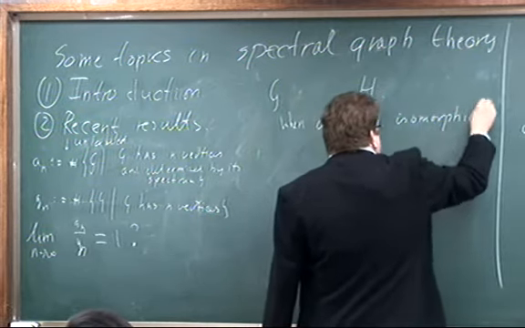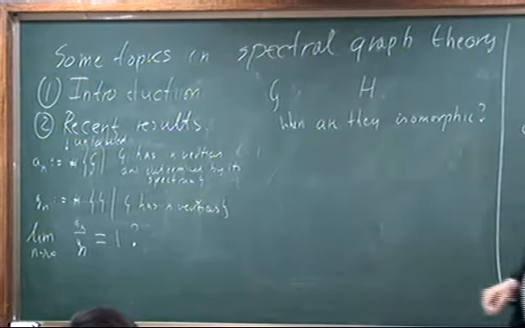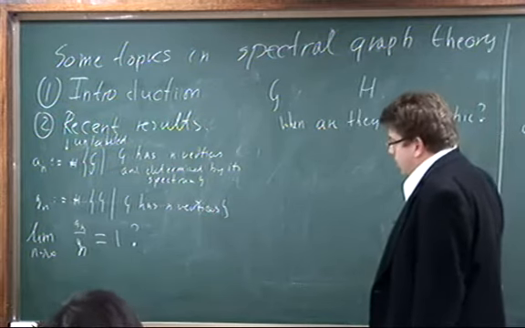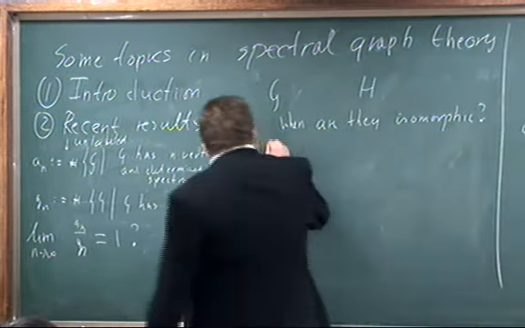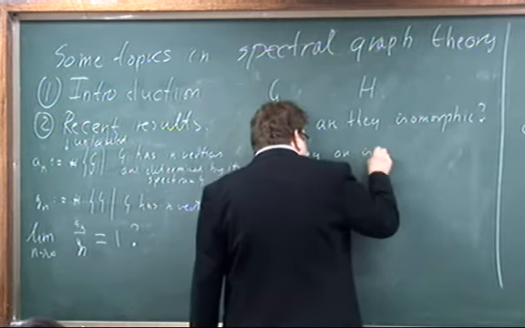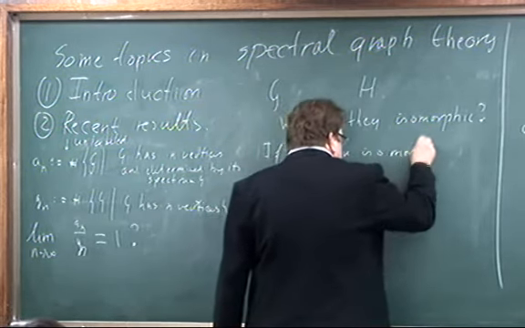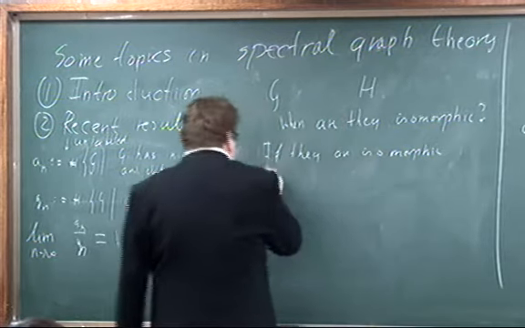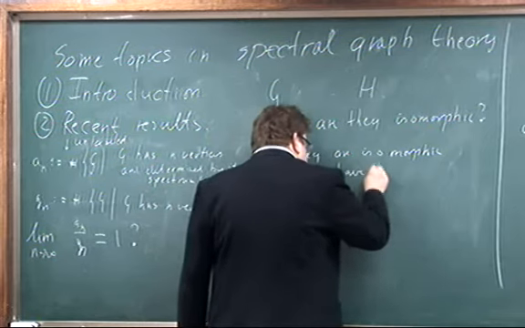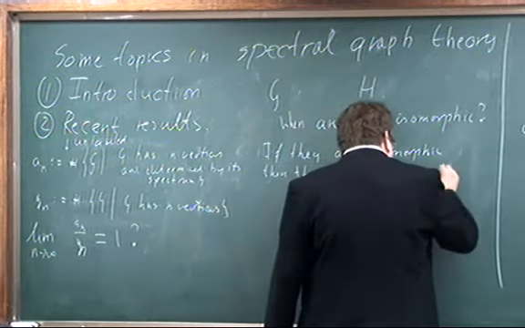How can I compute it? That seems to be not so easy. But if they are isomorphic, then they have to have the same spectrum.